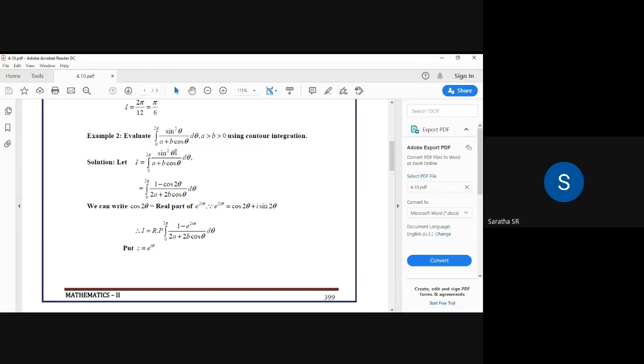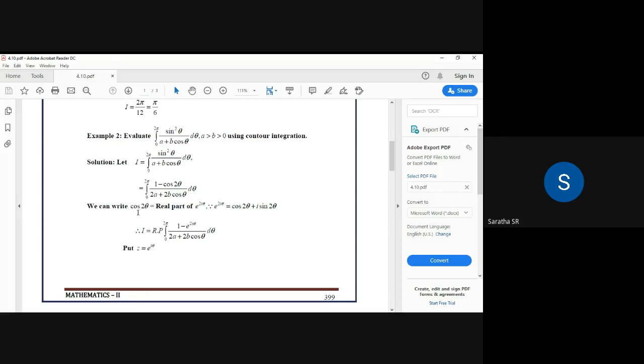Then we know the trigonometric identities, so we can replace sine square theta as 1 minus cos 2 theta by 2, because 2 sine square theta equals 1 minus cos 2 theta. So the 2 will be divided here. Instead of sine square theta, we are replacing 1 minus cos 2 theta divided by 2a plus 2b cos theta.